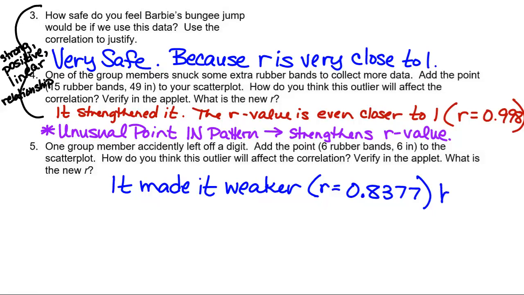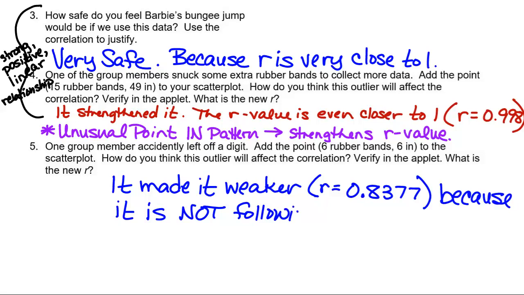Made it weaker because it is not following the linear pattern. You could say the linear pattern of the other points.